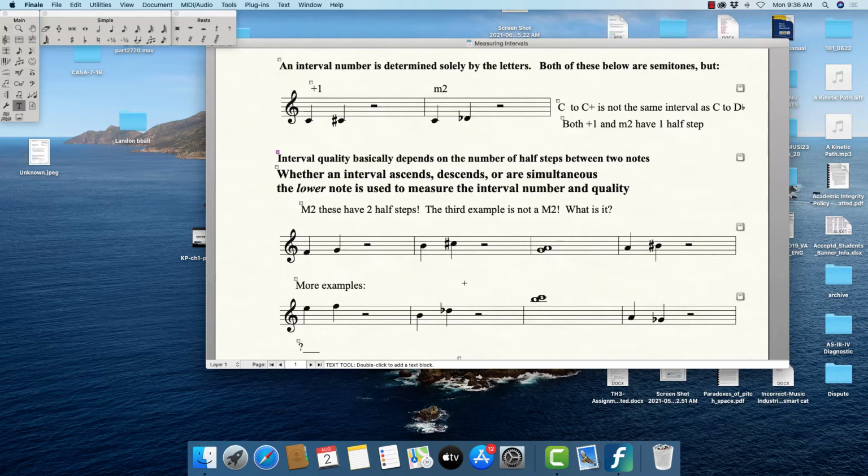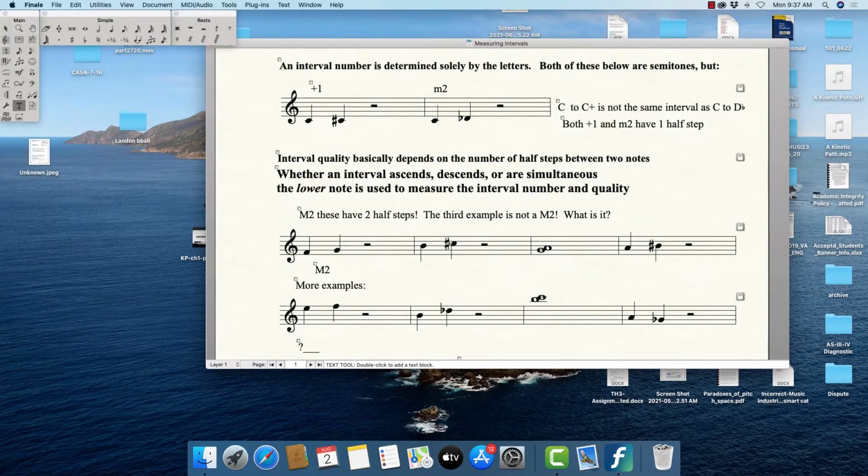Okay, so this first one, as you can see, F to G, that makes it a second, okay? And then this would be a major second because major seconds have two half steps. So down here we would write, okay, this is a major second. Now this one, B to C sharp, okay? If you think about the notes on the piano, B, 1, up to C, 1, up to C sharp.